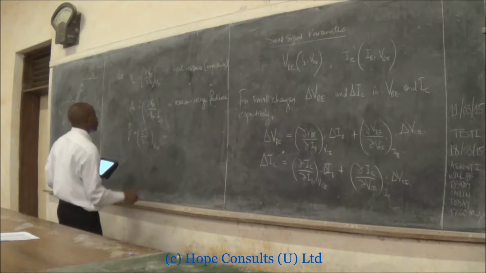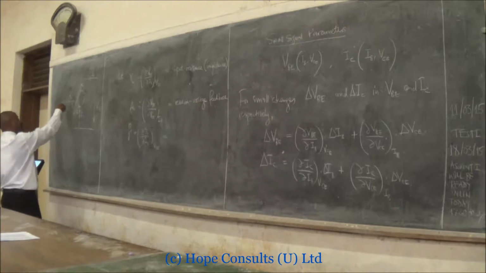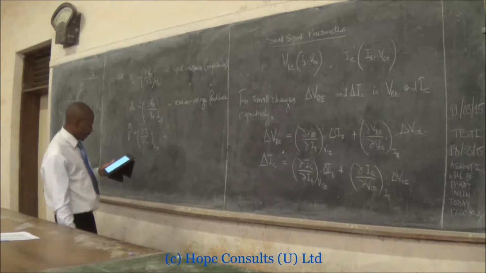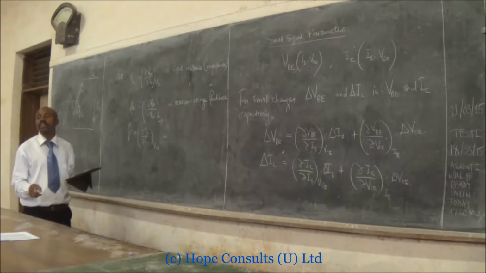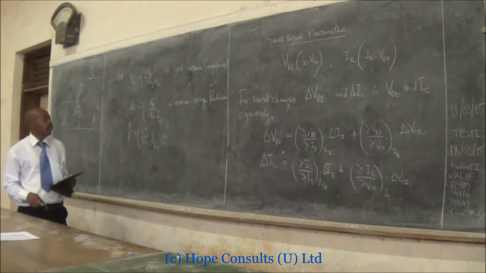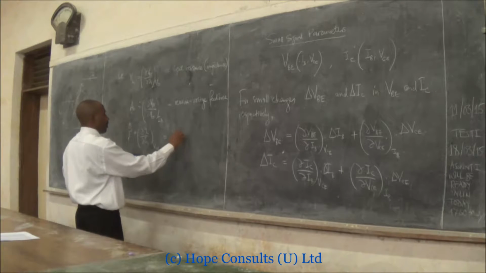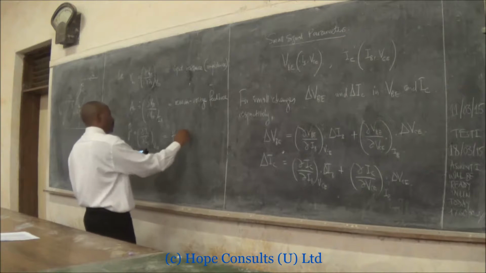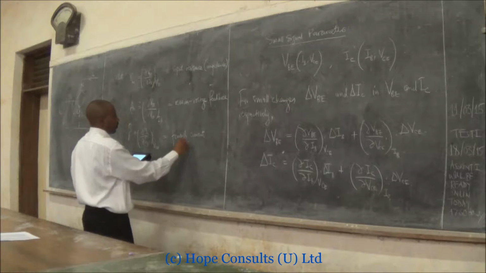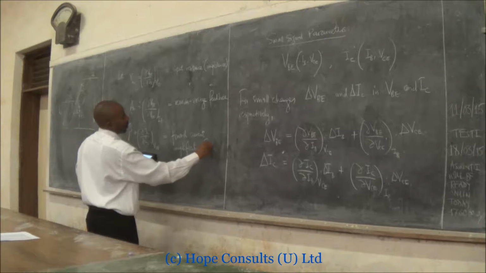You have the IC in the output, the IB in the input, so this will be the same as the forward current amplification factor or the forward current gain, if you wanted to take it that way.